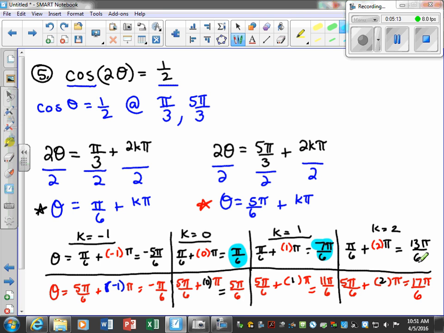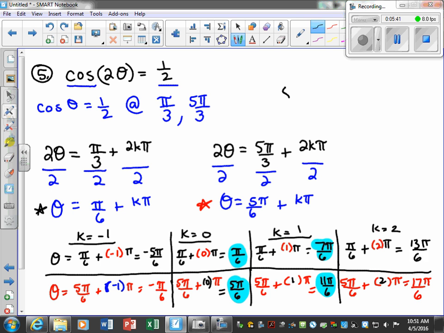Not only that, 6 goes into 13 more than 2 times plus some left over. What about negative pi over 6? No. 5 pi over 6? Yes. And 11 pi over 6? Yes. What about 17 pi over 6? That's 2 pi plus something. Not only that, 6 goes into 17 more than 2 times.